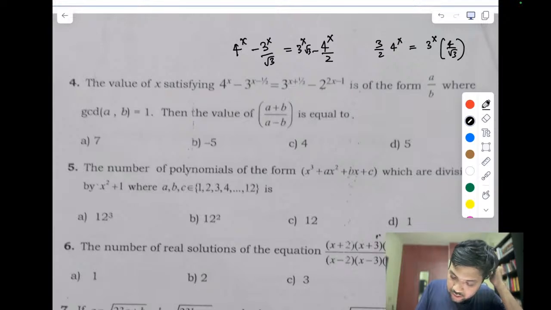So you can write 3 power x, if you divide by 3 root 3, it is 3 power x minus 3 by 2. This equals 2 power 2x minus 1, 2 power 2x minus 3 or something like that.